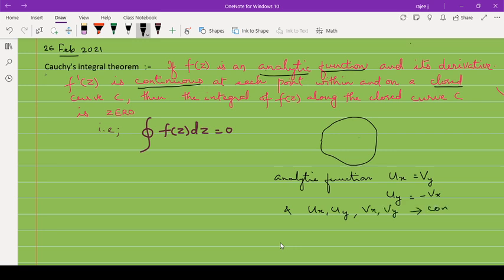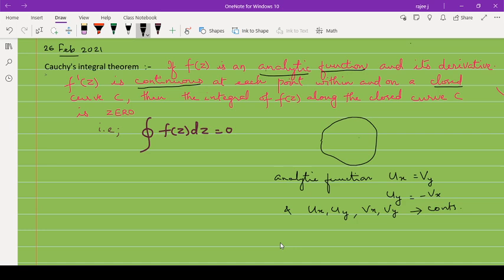Okay, such functions are called analytic functions. Or in short, analytic functions means its derivative exists. Okay, an analytic function will have its derivative, or you can differentiate that analytic function. So any function which satisfies the Cauchy-Riemann equations and whose partial derivatives are continuous, such functions are analytic functions.